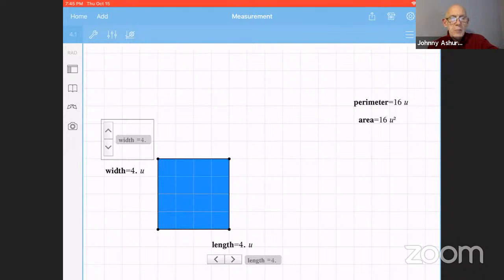If we start at the bottom left point in the blue diagram and if we have a little creature who is walking that path, that creature would walk up 4 units, left to right at the top 4, down 4, and back to the starting place 4. That creature would walk 16 units walking that path.